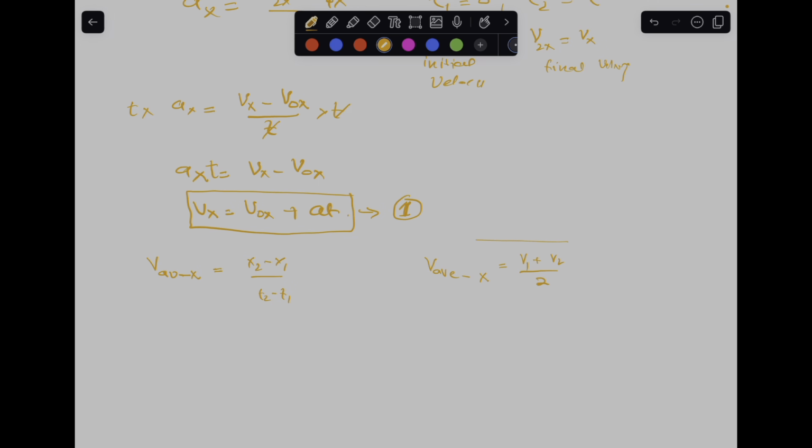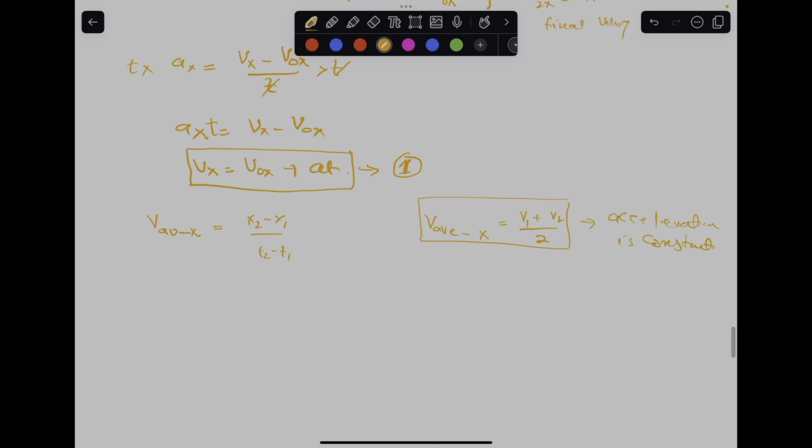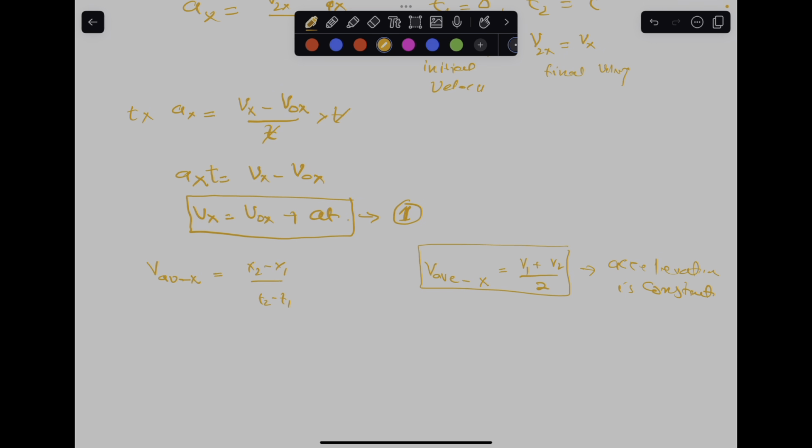This is only valid when the acceleration is constant. We defined prior that our initial velocity is v naught of x, which is v1. Final velocity is vx, which is v2. Our time t1 we start with 0, and time t2 is t.